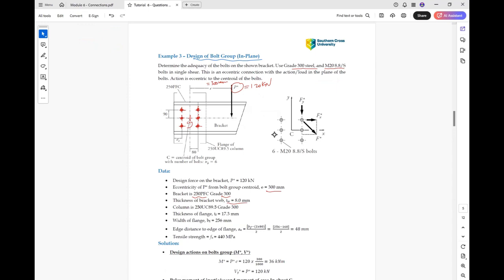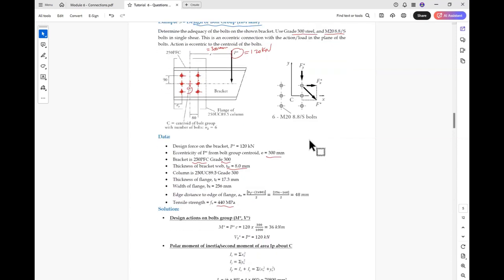The column size is 250 UC. Thickness of the flange 17.3. Width of the flange 256. Edge distance to edge of flange is 48 millimeter. Tensile strength is 440.